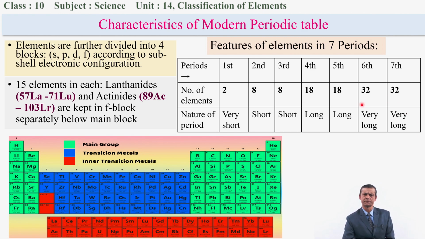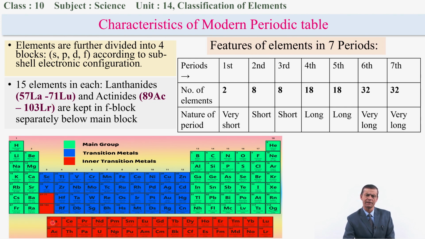These are the features of the periods. So, elements are further categorized or divided into 4 blocks: S, P, D and F according to subshell electronic configuration. This is also a feature of the modern periodic table. About the SPDF blocks we will discuss in the coming class. And 15 elements in the lanthanides, that is 57 lanthanum to 71 lutetium.